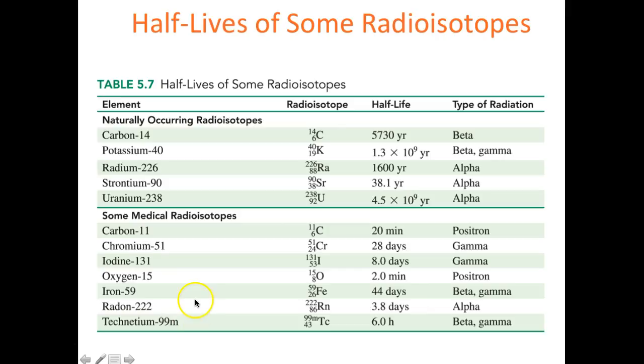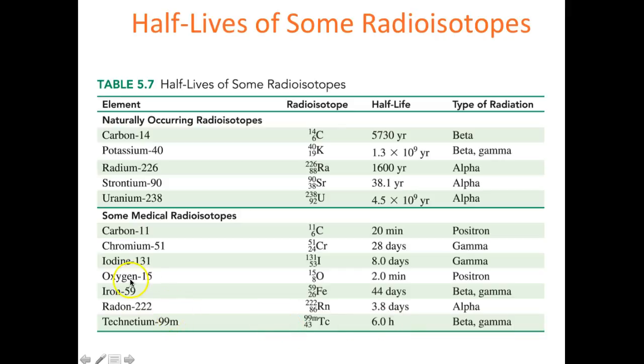Radioisotopes used in medicine are chosen with very short half-lives so that they don't stay in the body very long and get eliminated quickly. Technetium-99 metastable is the most used medical radioisotope. It has a half-life of just 6 hours.